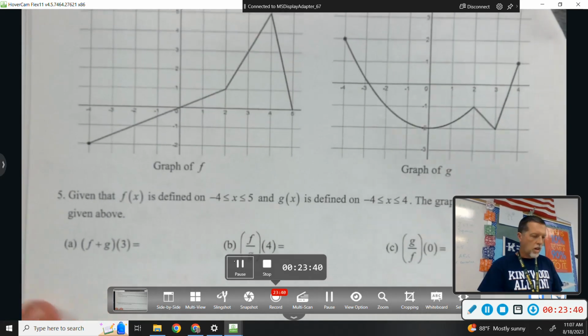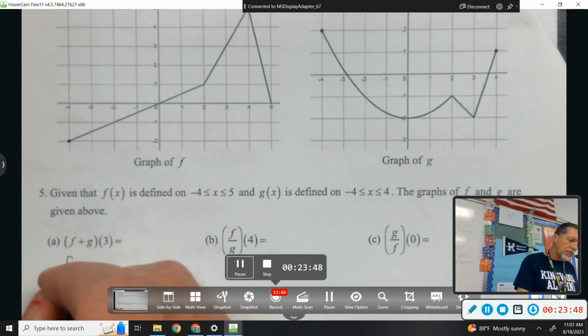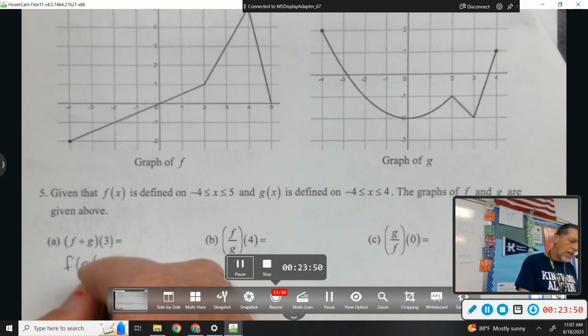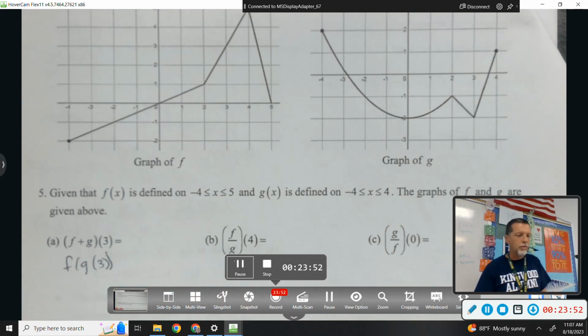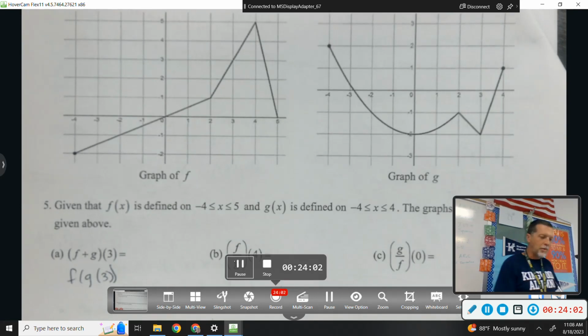All right, these are supposed to be easy, but somehow students forget how to use a graph to find the value of a function. So f of g of 3. This is so frustrating in calculus when students can't do this. F of g of 3. So we'll see if you're going to frustrate me or not. What's g of 3? Good. That means the x value is 3.